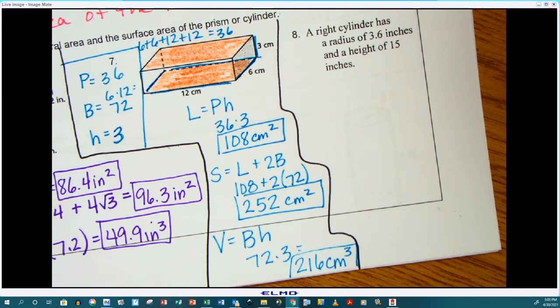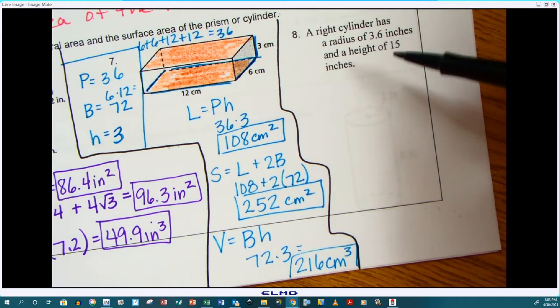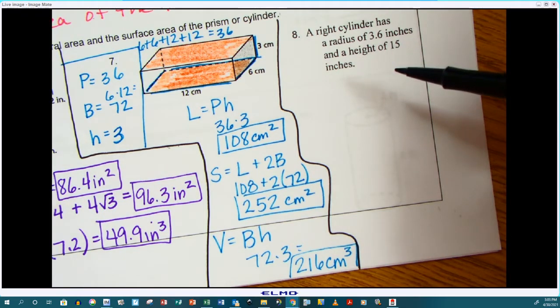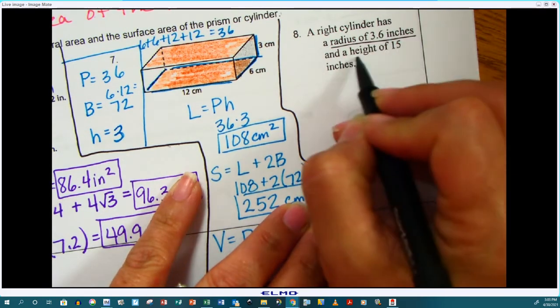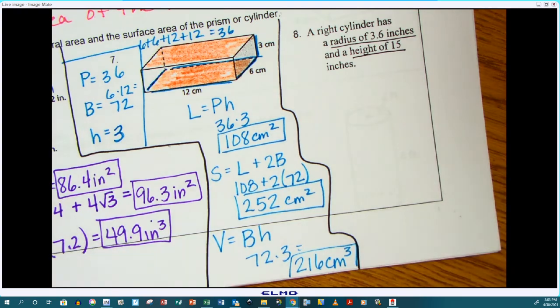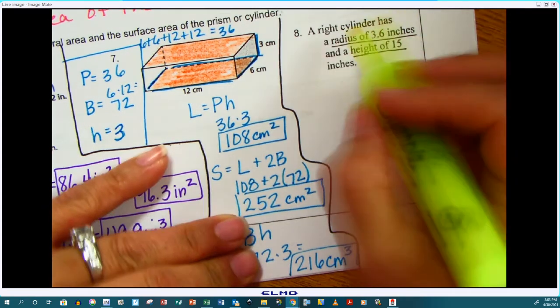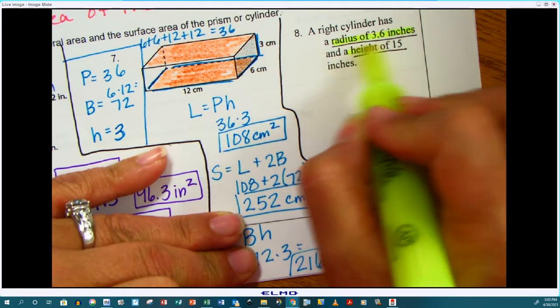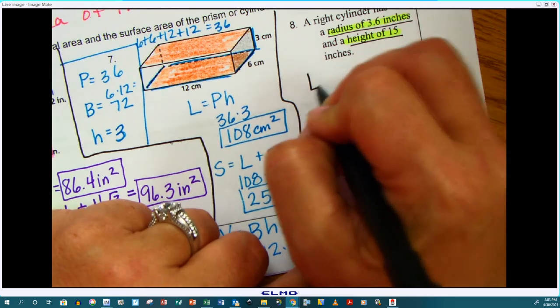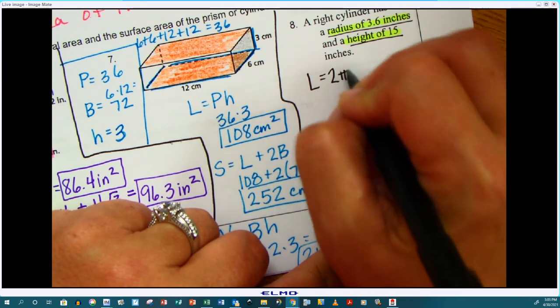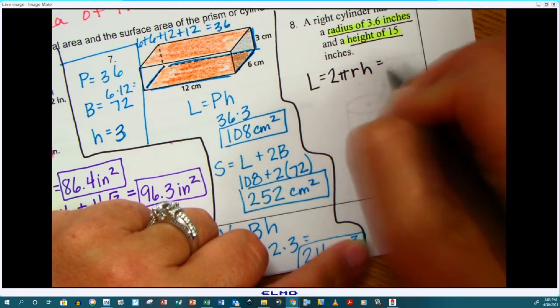Now to do the lateral surface and volume of a cylinder, all you need is your radius and your height, okay? As long as you have those two things, you don't need P, B, and H because there is no perimeter. So those are the two things that you need. Lateral area, 2 pi RH.